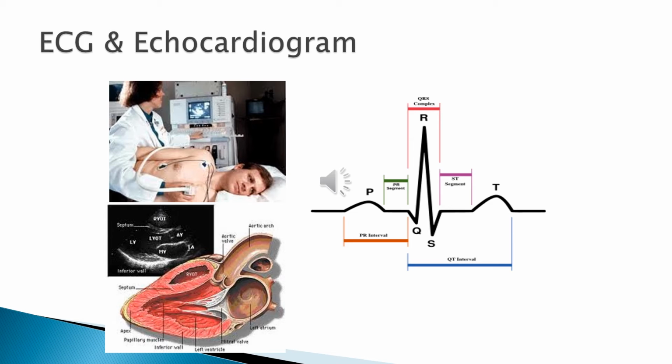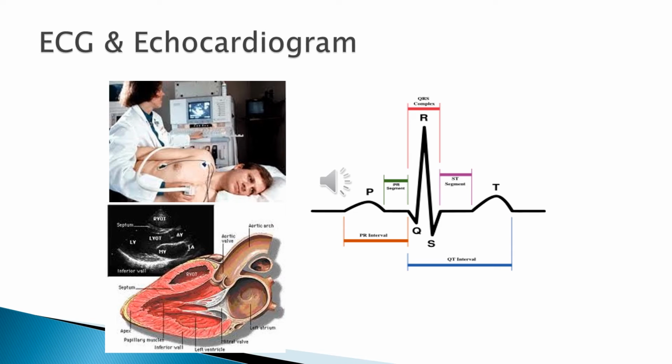The QRS complex is ventricular depolarization, and as your book describes, it also hides atrial repolarization. And the T wave is ventricular repolarization. Those are the parts that I want you to see and be able to understand. I should be able to ask you what each one of those different parts of the wave represents.